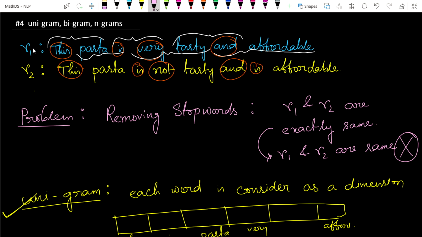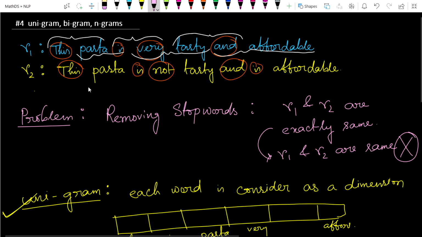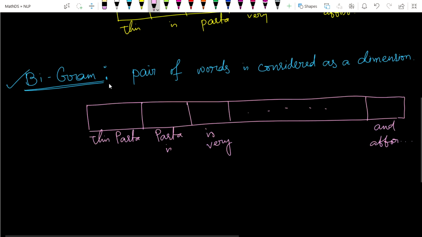If you consider bigrams for R1, we get "very tasty". If you consider bigrams for R2, we get a "not tasty" dimension. So "very tasty" and "not tasty" have two different meanings. So bigrams help us get the information carried by pairs of words. Okay, these are the bigram concepts.